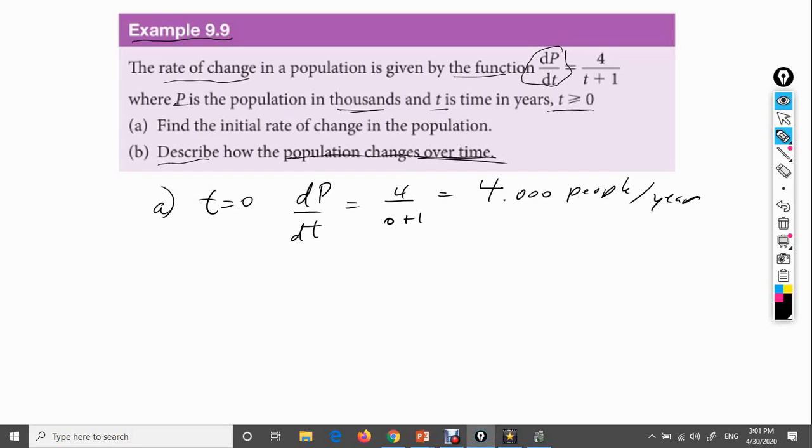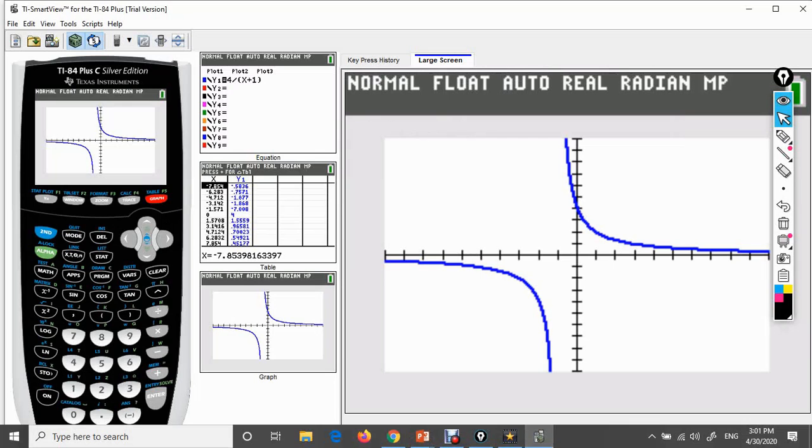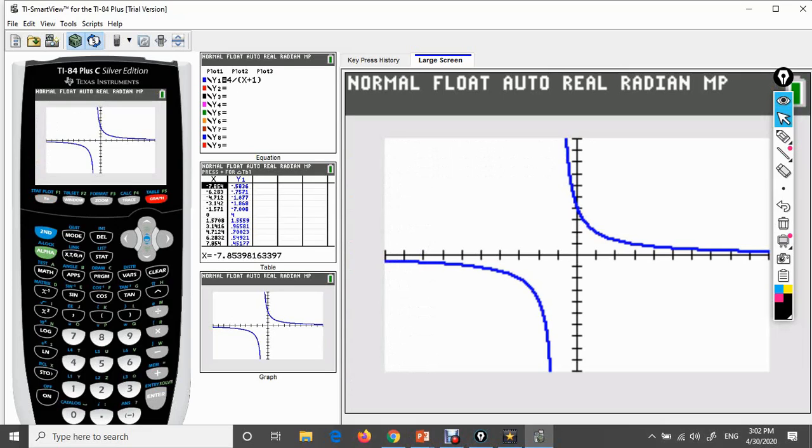So the easiest way to do this is by graphing. So next I'm going to show you a graph of this function. So here is the graph. Notice that I plugged it in as 4 divided by x plus 1. Be sure to use parentheses in order to get the right graph. So when you hit graph, this is what you see. Now this is the rate of change of the population.